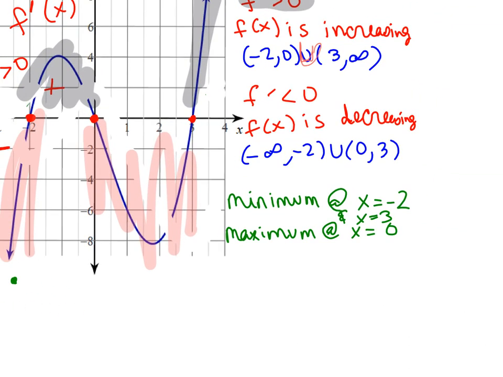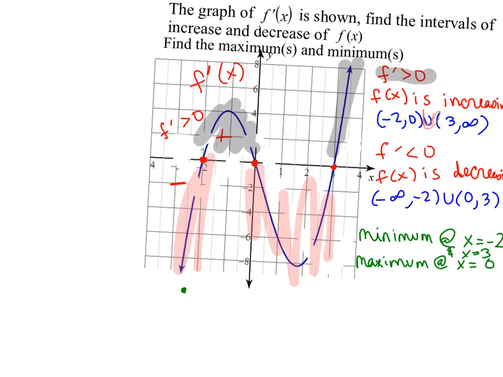So now the question is, where are the maximums and minimums? Let's use a different color. Since we had a negative derivative and then a positive derivative, that means something was decreasing and then increasing. That implies a minimum. Then since we had a positive derivative and then a negative derivative, that implies an increase and then a decrease.